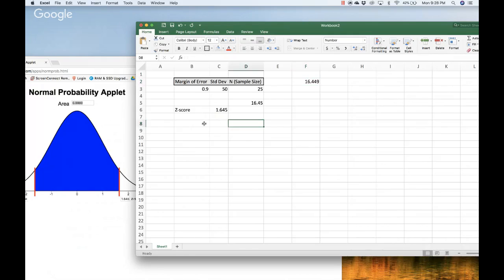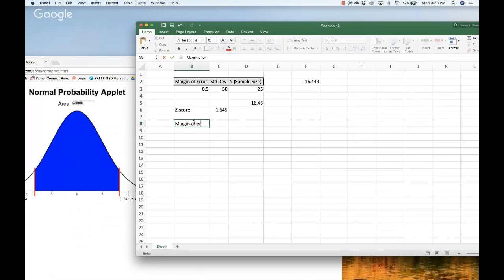So let's look back at Excel and take a peek here. Confidence interval for the true GMAT score. If we're looking for the margin of error, is it this? No, it's not this one.